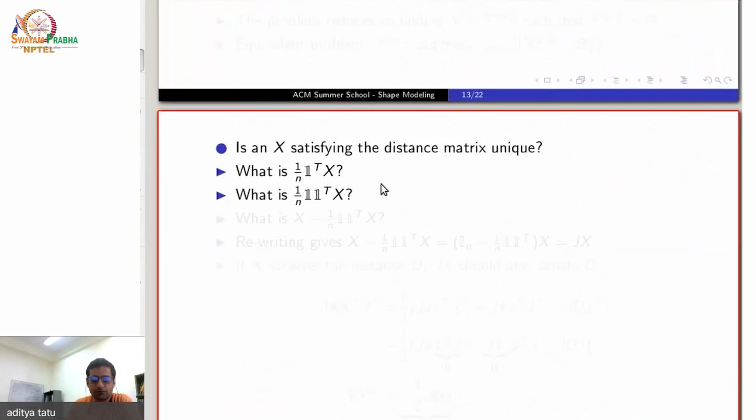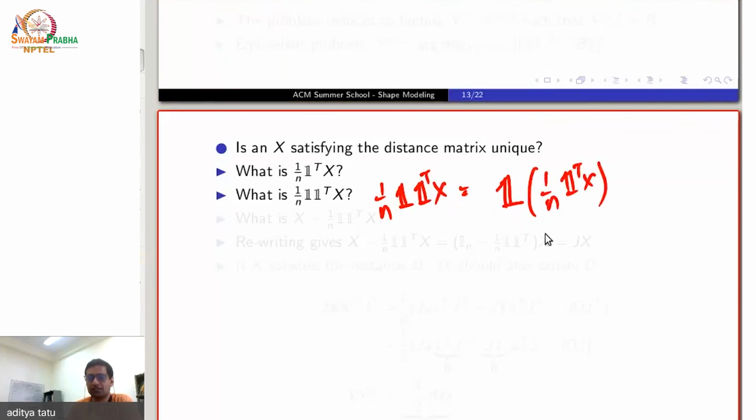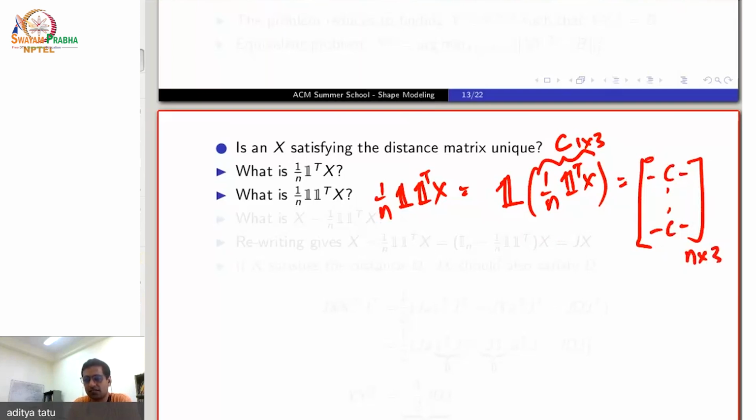So you can think of 1 by n 1 transpose X also as 1 by n 1 transpose X. What will this do? So if I denote the centroid vector by c, which is a 1 by 3 vector, what is 1 times c going to give you? It's just the centroid copied over n rows, right?